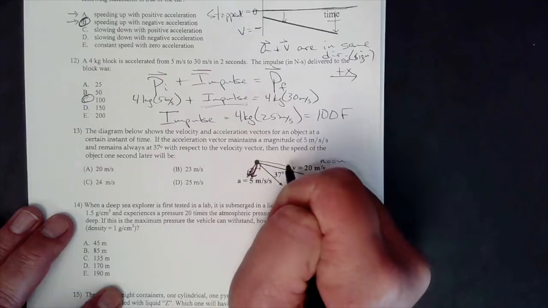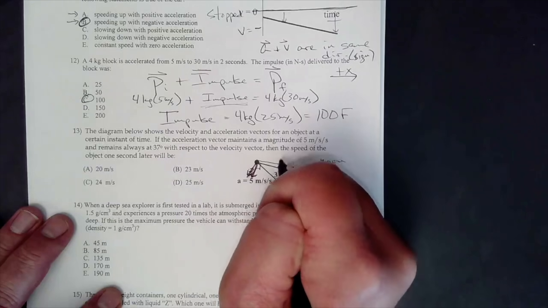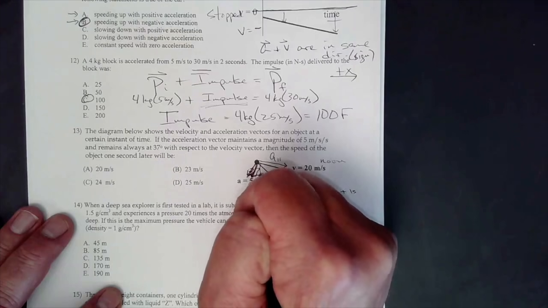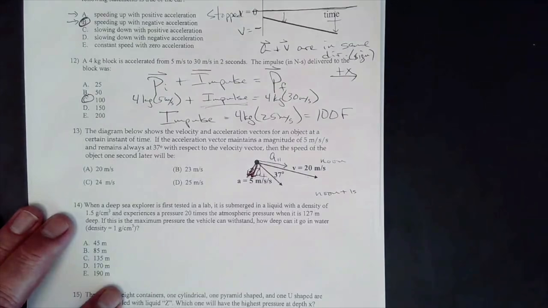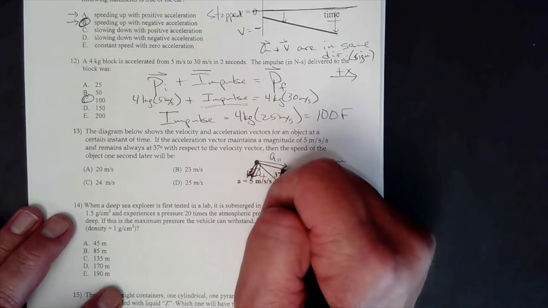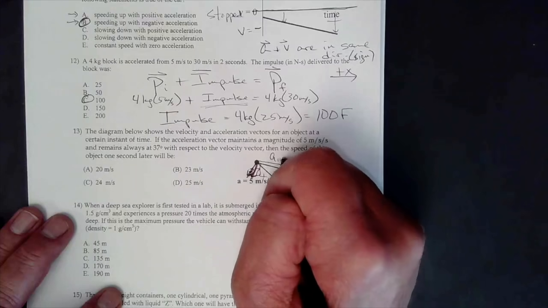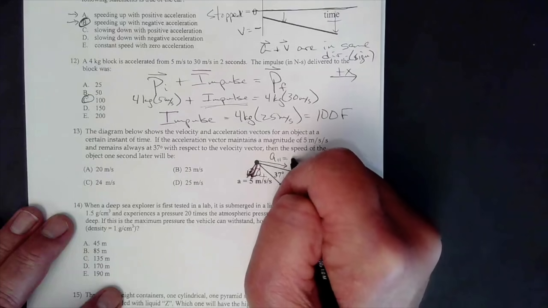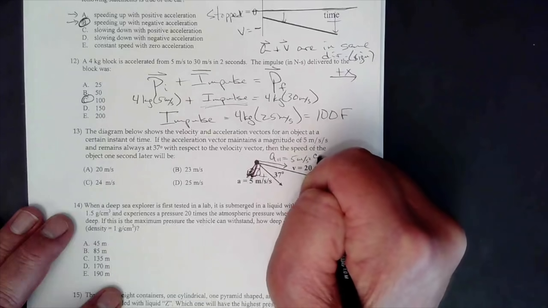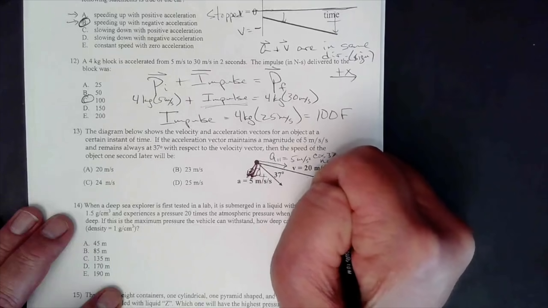So this would be A parallel, and this would be A perp. Now, if I use my trig functions, A parallel is going to be the 5 meters per second squared times the cosine of 37 degrees, and that's going to be 4 meters per second squared.